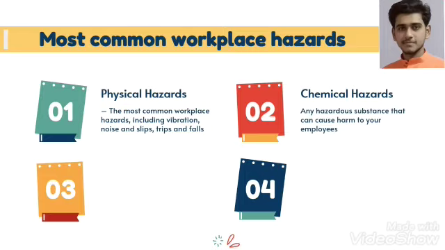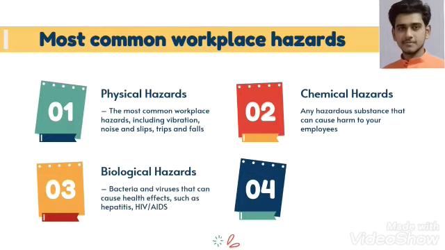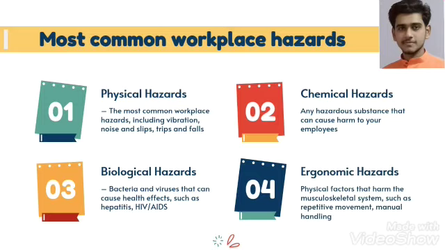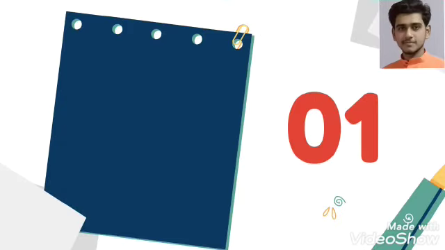Chemical hazards are any hazardous substances that can cause harm to your employees. Next is biological hazards. Bacteria and viruses that can cause health effects such as hepatitis, HIV, or AIDS. Ergonomic hazards. Physical factors that harm the musculoskeletal system such as repetitive movement, manual handling, etc.